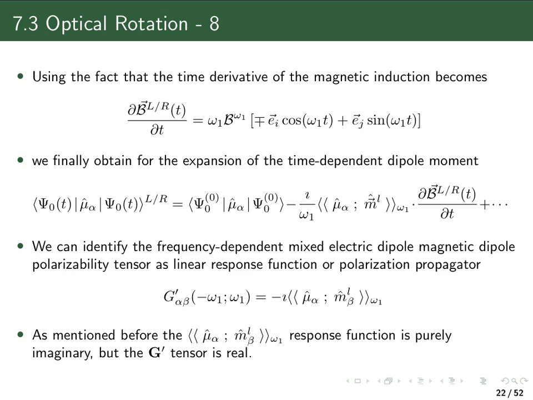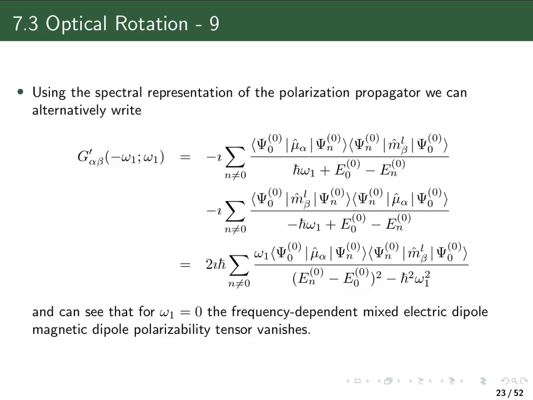Now, as we've done for the polarizability, we can of course calculate this response function by using all these matrix representations which we had derived in chapter 3, but we can also use the sum over states, the spectral representation of the response function, as I've done here, with the two terms, one with a positive frequency and one with a negative frequency again. And like for the polarizability, we can bring it on a common denominator.